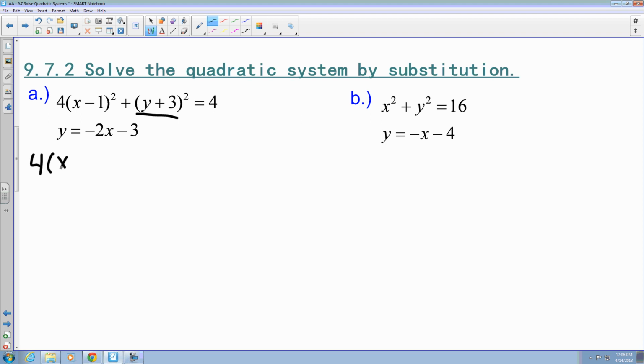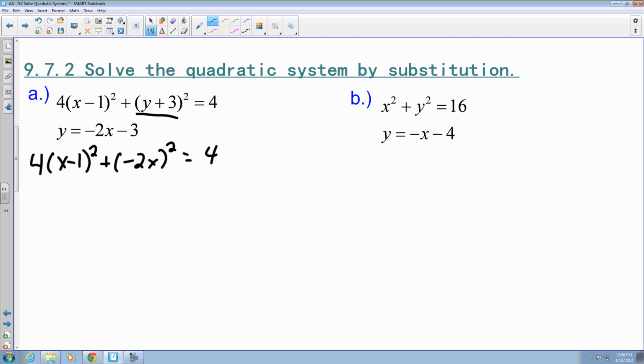times x minus 1 quantity squared plus, and this is going to be just negative 2x squared, because the plus 3 cancels out here, and this is going to be squared, equals 4.